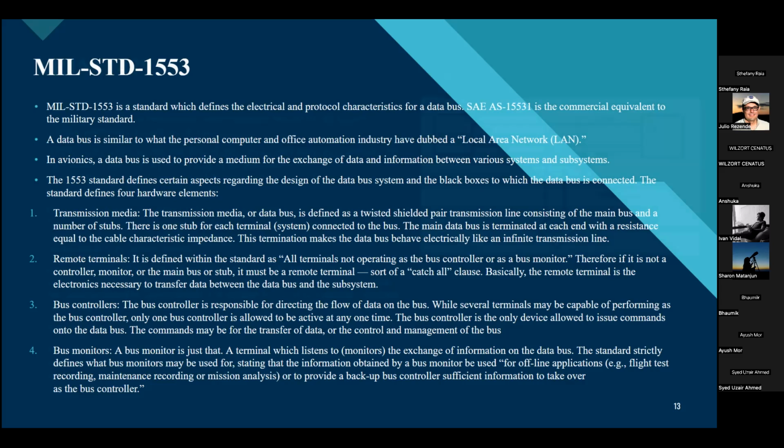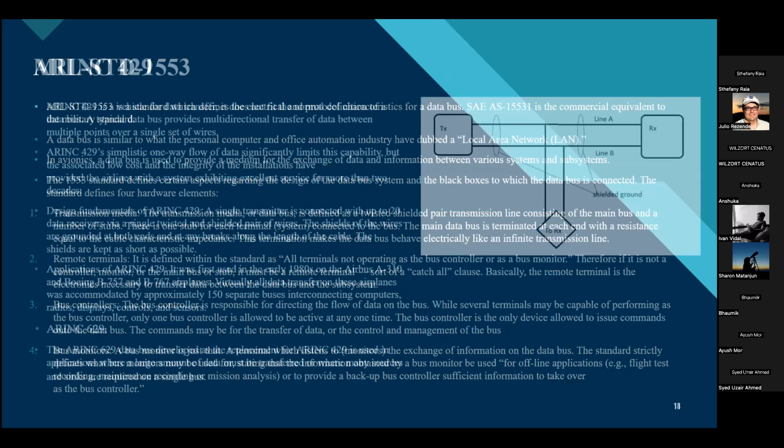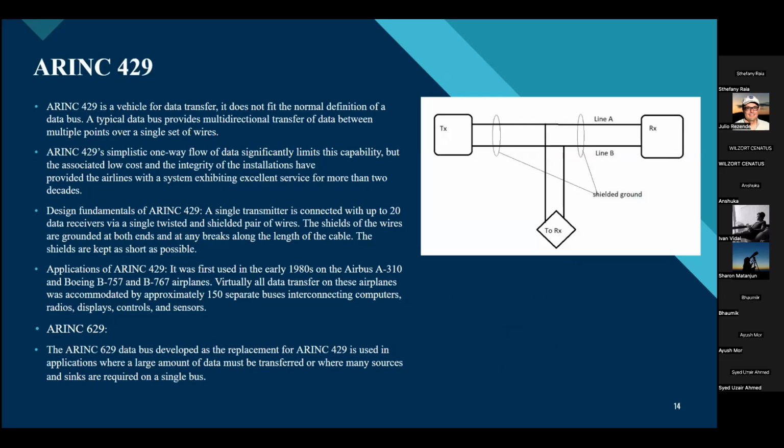So yeah, and going next, we have ARINC 429. It's basically another databus which is widely used for commercial aircraft. It's a one-way flow databus, so it's not two-way like MIL-STD-1553.